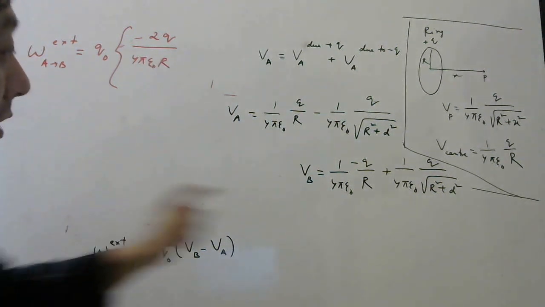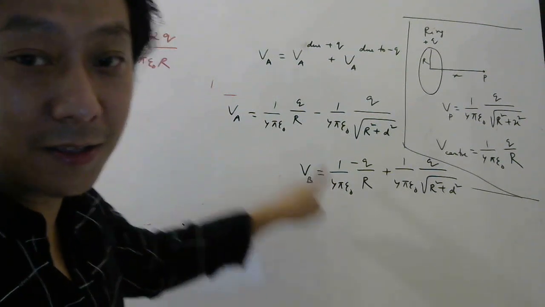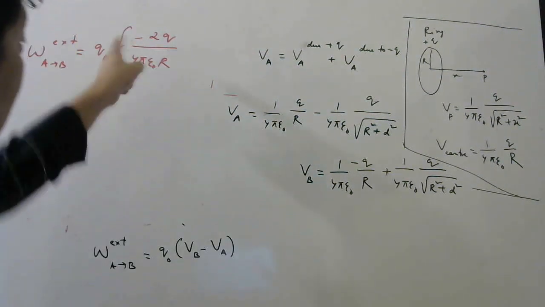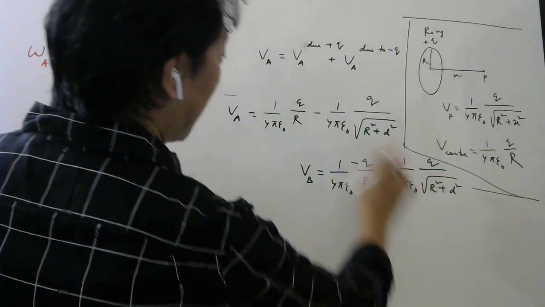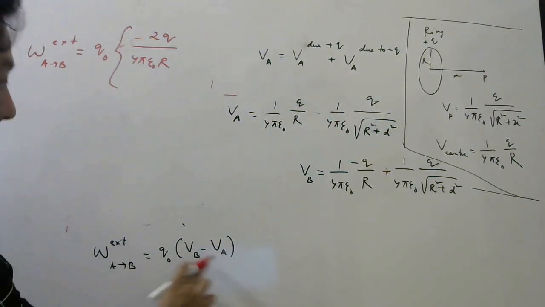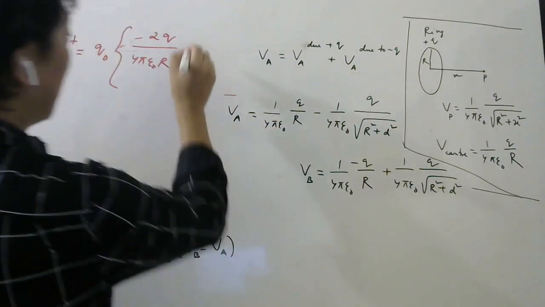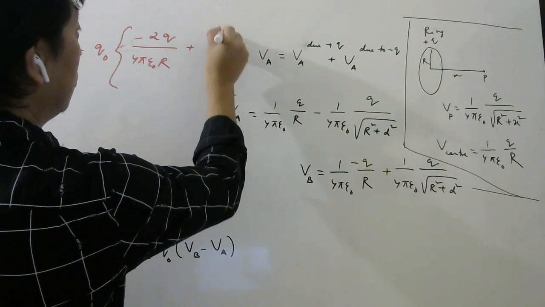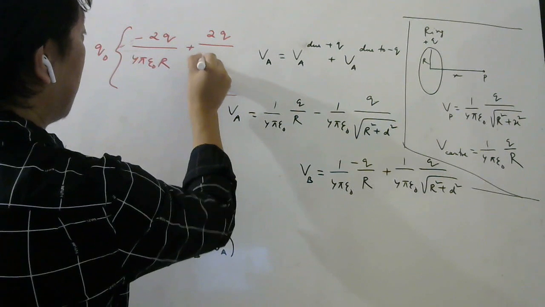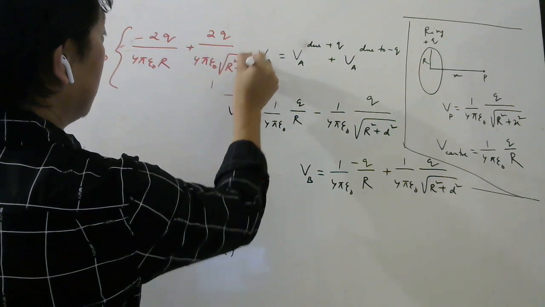Everybody understood? This is like minus x, and this is like x, so minus x will be minus 2x. Similarly, this minus this, since VB minus VA we have to do, will become plus 2q by 4 pi epsilon naught root over r square plus d square.